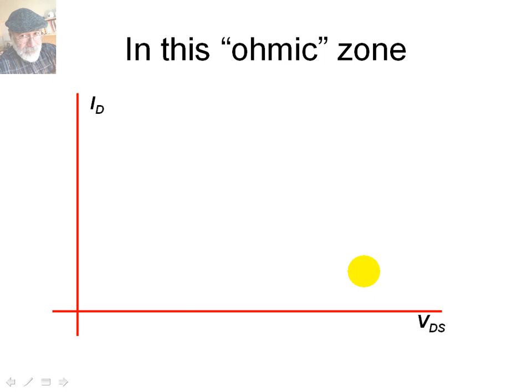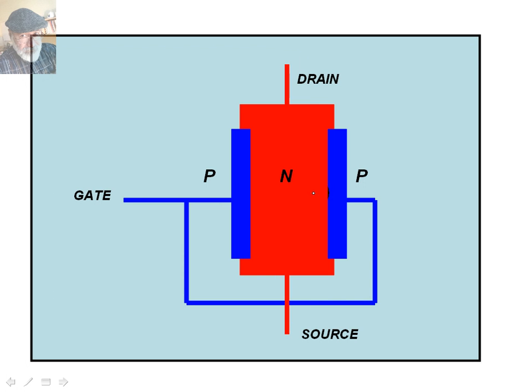In that zone of operation, which we also call the ohmic zone of operation, the relationship between the current in the drain and the voltage we apply between drain and the source is approximately linear, at least for small values of the current. The more voltage we apply between drain and source, the more current we have.